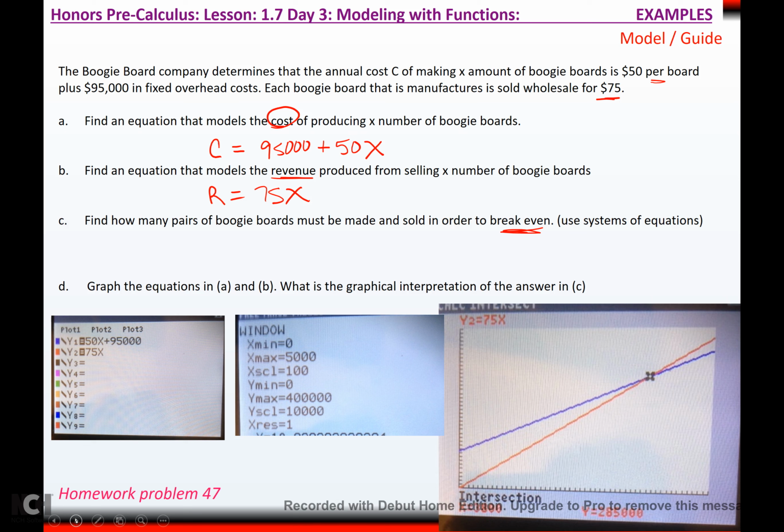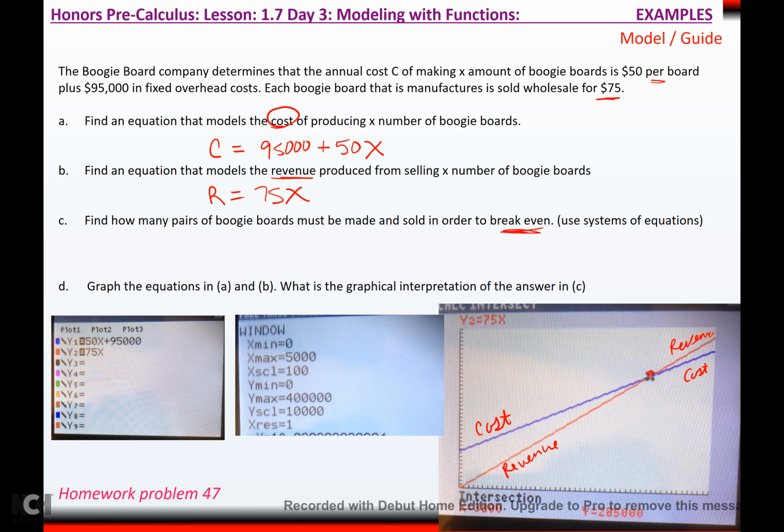If I hit graph, you can see the intersection. Mine is color, which makes it nice, because the blue line is actually my cost function, and the red line is actually my revenue function.